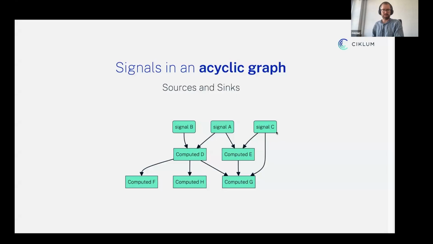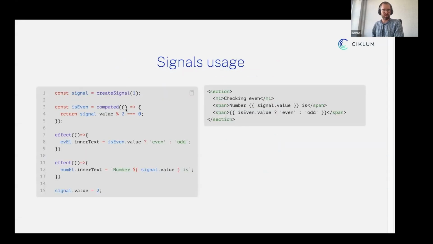These are again either computed or they could be effects as well. Now I'd like to show you a more realistic implementation of signal usage and why it is actually used in so many different frameworks. This is again some kind of fictional code, because some of it is written by myself: declaring the signal, declaring the computed signal, which derives a value each time the signal changes and tells us whether it's even or odd.